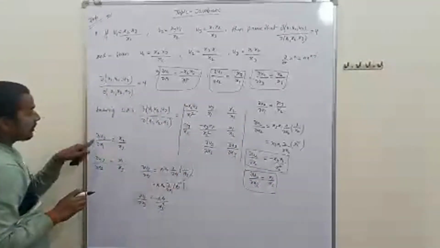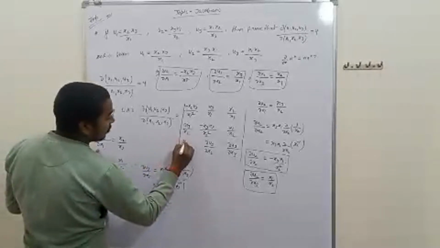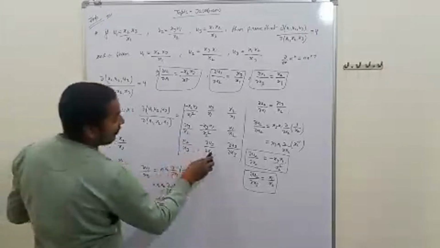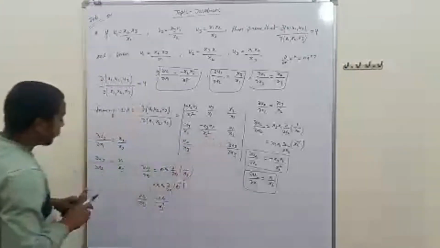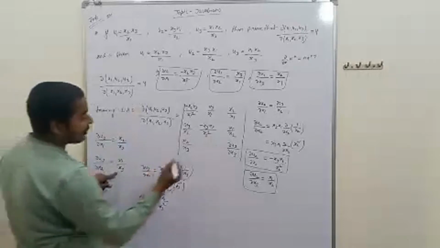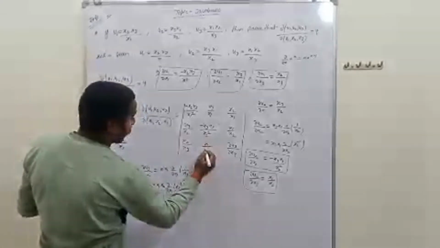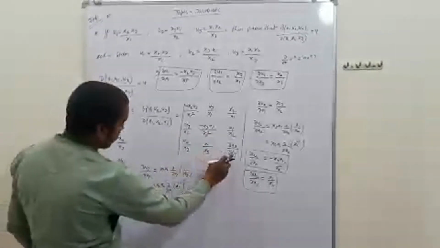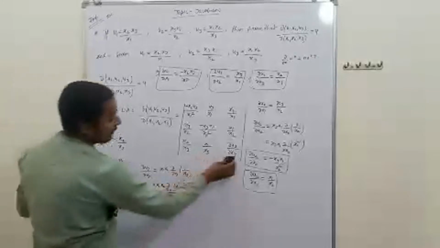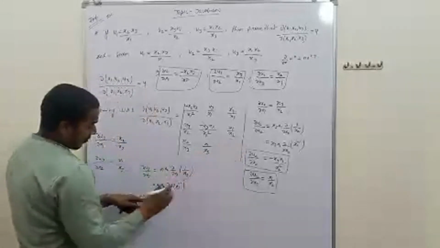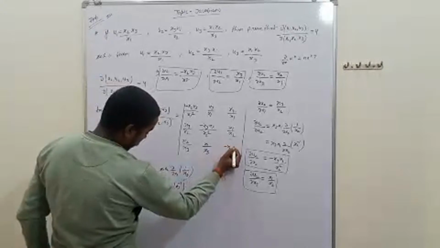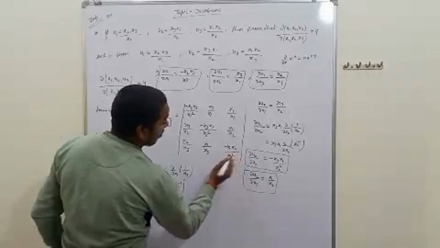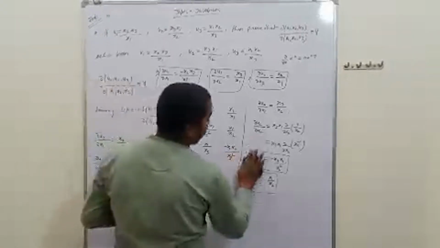Del u3 upon del x1 is given by x2 upon x3, and del u3 upon del x2 is given by x1 upon x3. Further we have to put del u3 upon del x3, that is given by minus of x1 x2 upon x3 square.